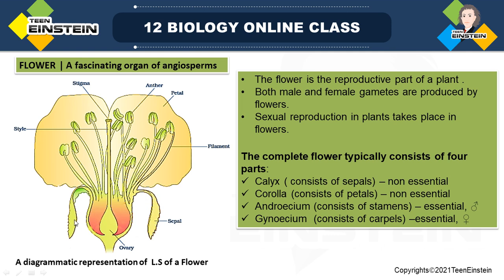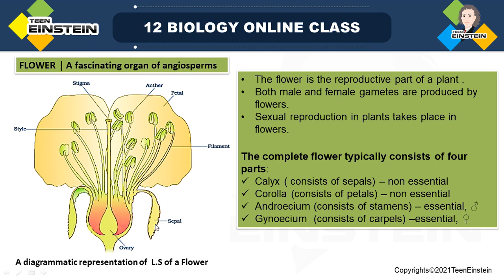Those are called sepals. Calyx is sepals. Next is corolla. Corolla means petals, the colorful part. And androecium. Androecium is the male organ. Here you can see the androecium. And gynoecium is the female part. You can see this is the gynoecium, the female part.